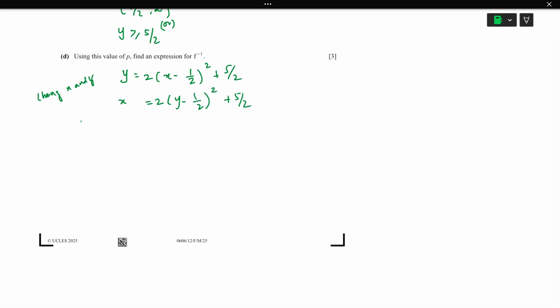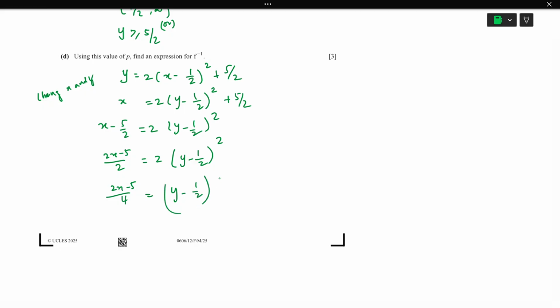So I'll bring 5 by 2 here. x minus 5 by 2 equal to 2 into y minus 1 by 2 square. Next I'll take LCM on the left side. So 2x minus 5 over 2 equal to 2 into y minus 1 by 2 whole square. So I'll bring the 2 here. So 2x minus 5 over 4 equal to y minus 1 by 2 whole square.